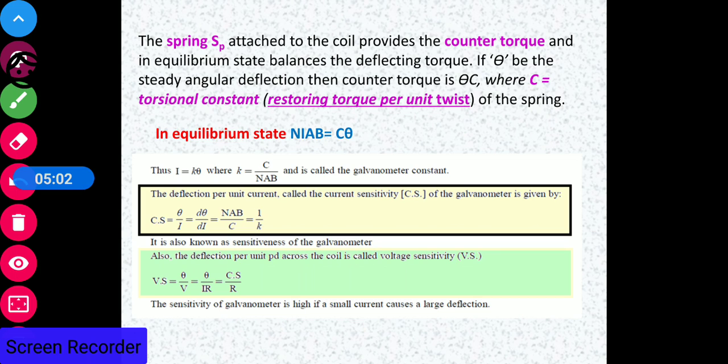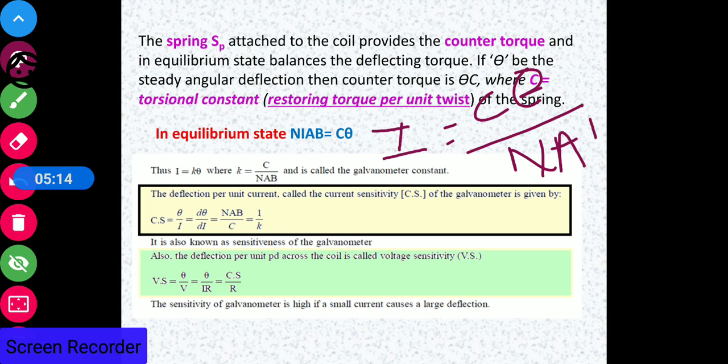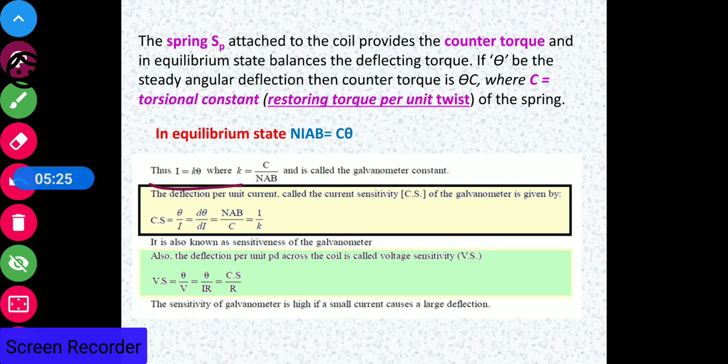Now I can write I equals C theta upon NAB, and in place of C upon NAB, if I write another constant K, then the expression reduces to I equals K theta, where K equals C upon NAB.